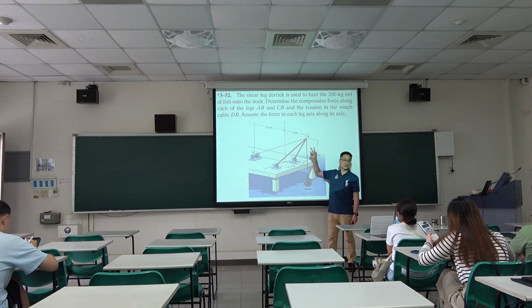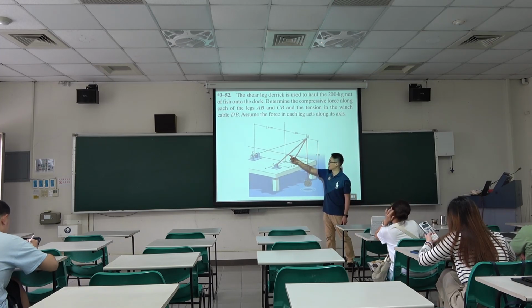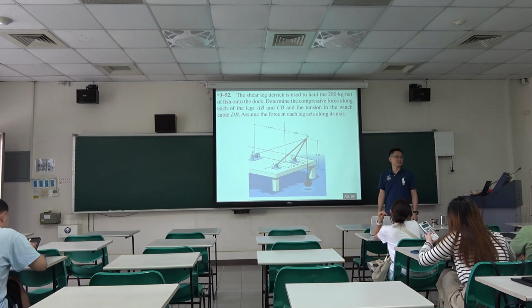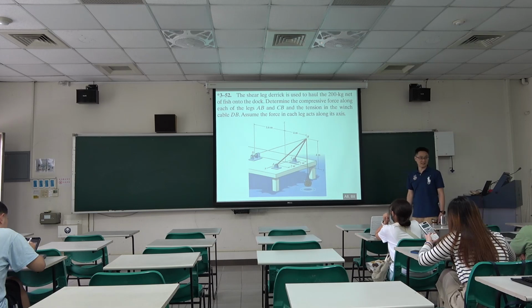So we have three equilibrium equations x, y, z, and we solve for three unknowns. Clear?